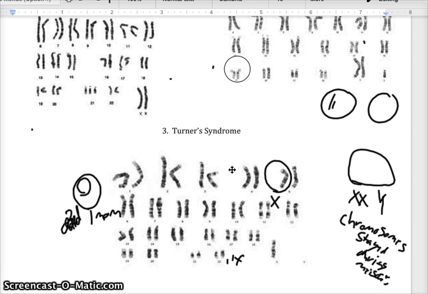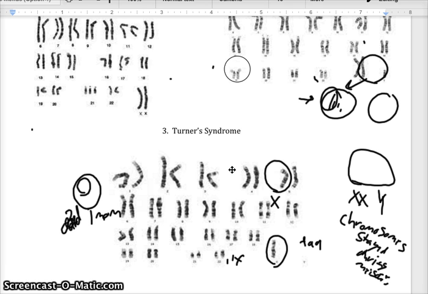So from the mom it got an X, but the dad didn't donate anything, because when meiosis happened, both the X and the Y went to one cell. The dad only had these two chromosomes to give out of that pair, so the other cell was left empty.